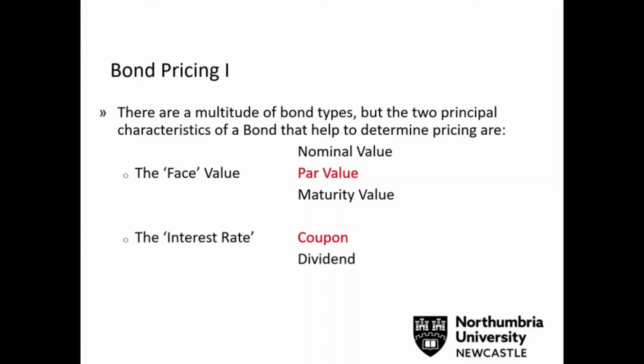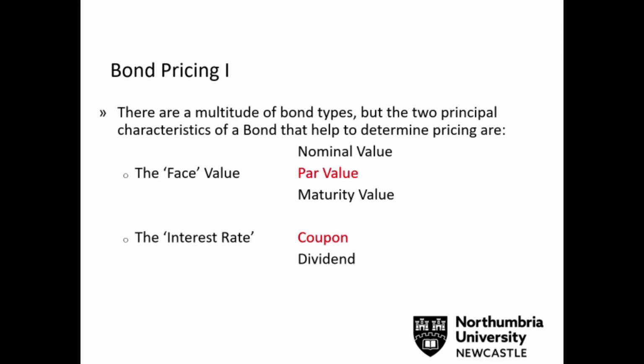The basic characteristic of bond pricing is that every bond has a face value. That's the value written on the bond that is received at the end as the last payment. But during the bond's lifetime, you are paid a coupon, and this coupon is the interest rate.